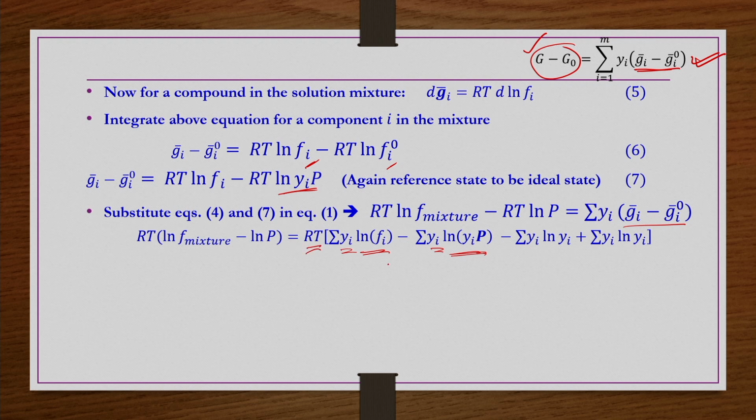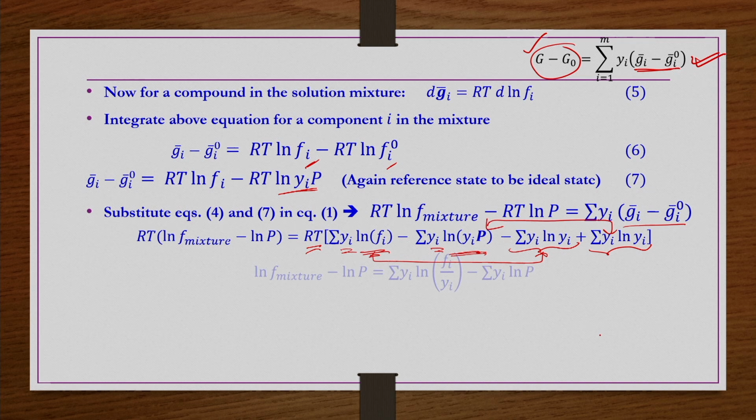Now in this part, we add RT sigma yi ln yi, and then we subtract the same quantity RT sigma yi ln yi. RT we have taken outside as common, just for simplicity. We also need a relation of the form fi by yiP. So next we combine these two terms, and then we combine the remaining two terms.